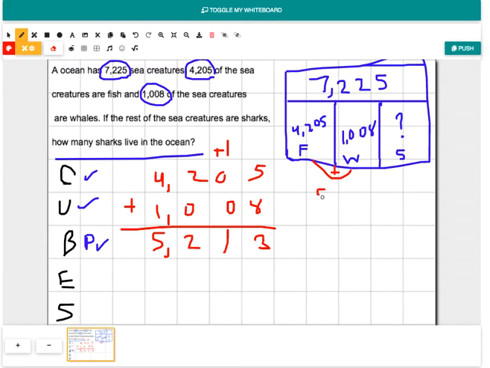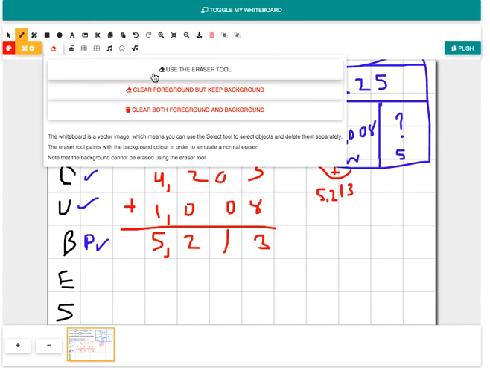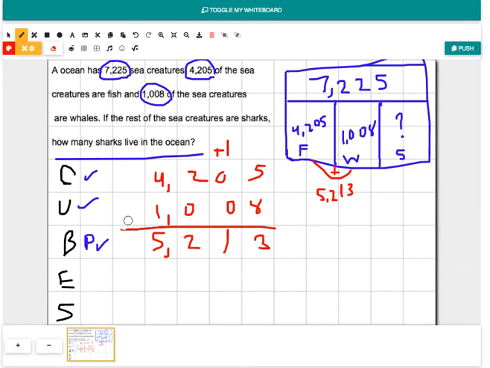So 5,213 will be how many fish and whales we have together. I'm going to go ahead and erase this so I have some more space for my work.